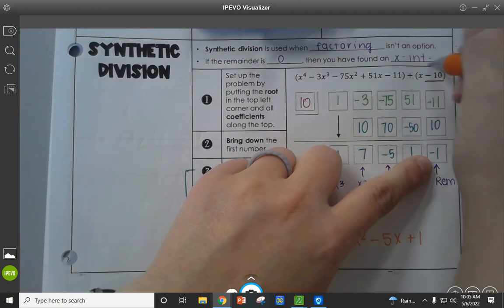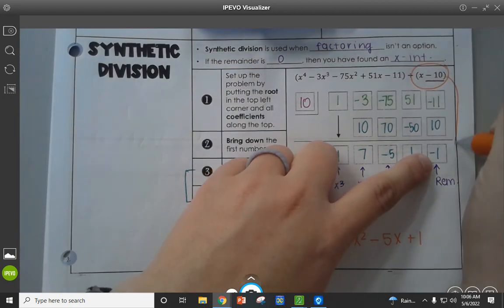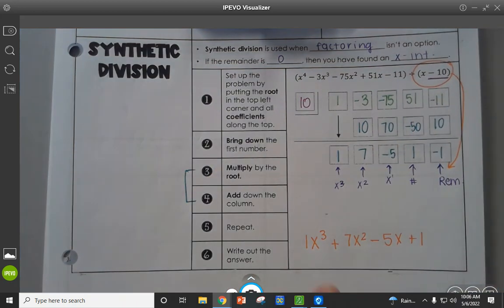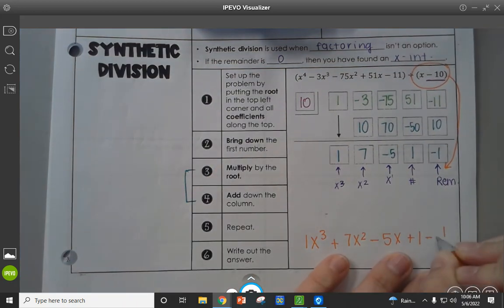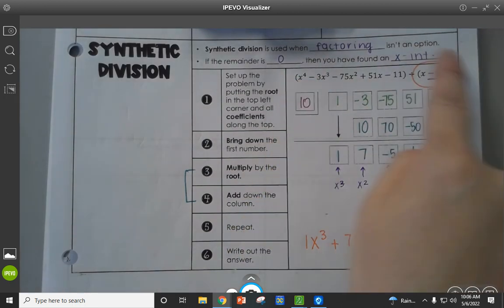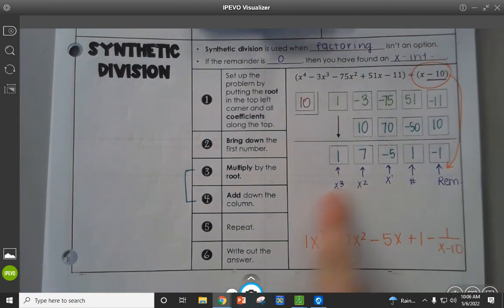And then your remainder, you always put whatever you were dividing by underneath your remainder. So it's going to be minus 1 over x minus 10. And so when I divide these two, this is the answer that I get.